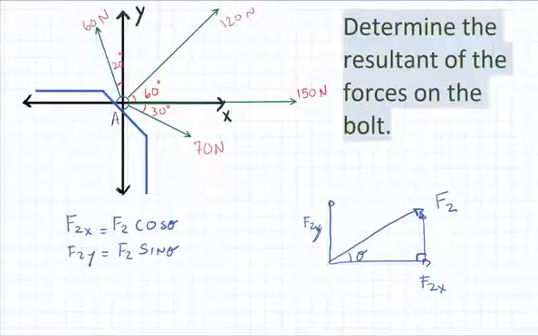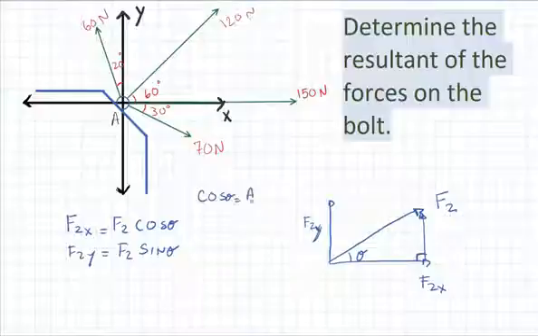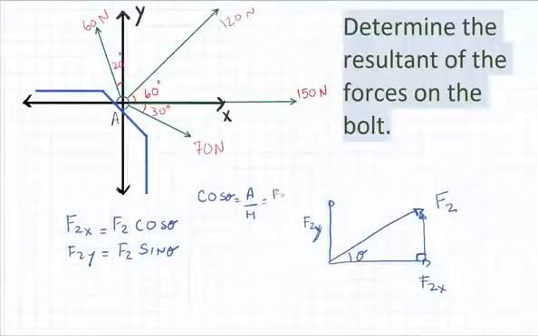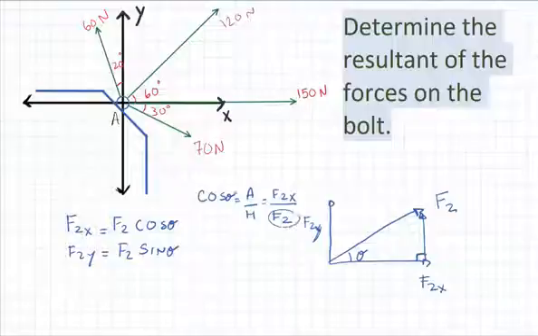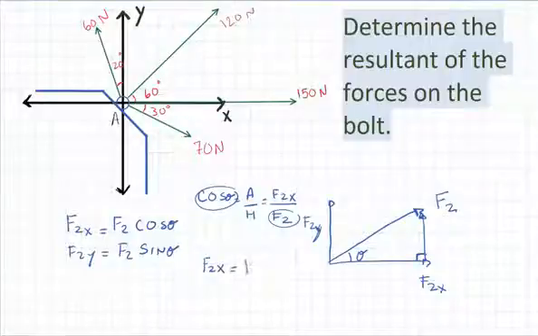If it's hard for you to remember this, you can simply use cosine of theta is equal to the adjacent side over the hypotenuse. In this case, the adjacent side is F2x, the hypotenuse is F2. I know what F2 is, I know what cosine of theta is, so F2x is going to be equal to F2 times cosine of theta.